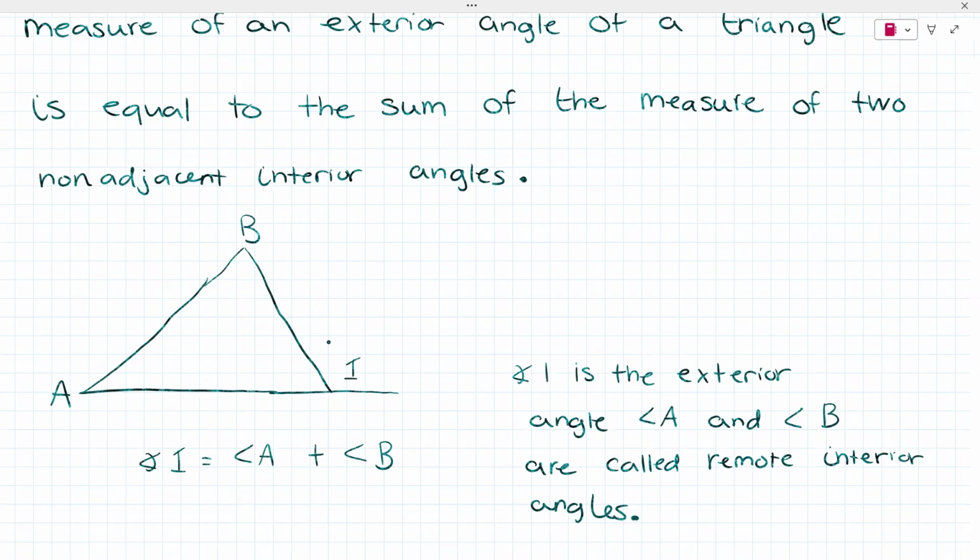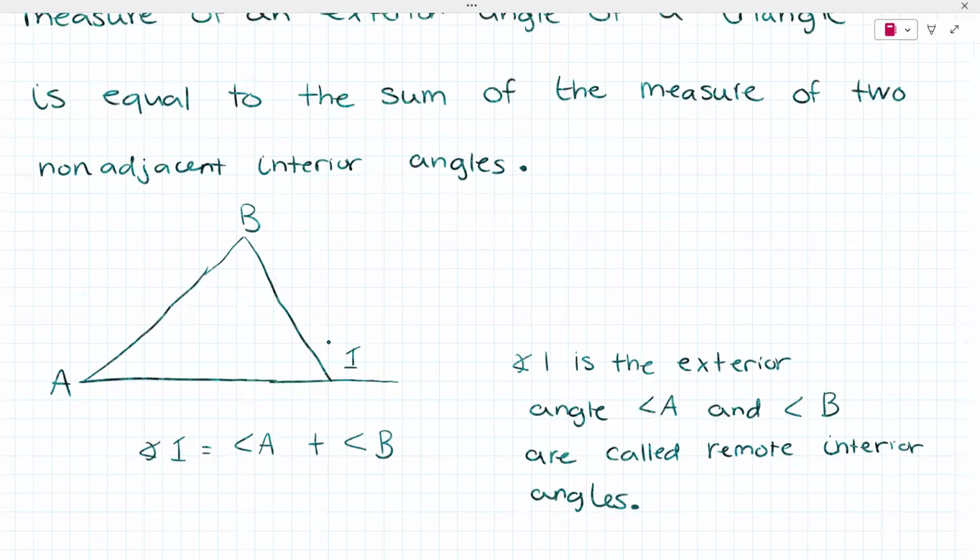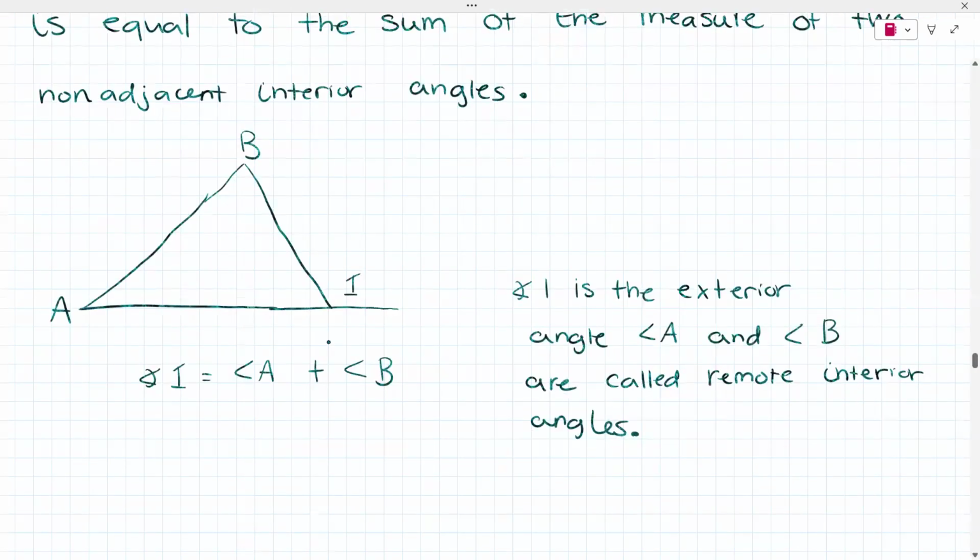Angle one is the exterior angle, and A and B are called the remote interior angles. Here's angle one, right? Did you know that angle one is equal to the sum of angle A and B? So you could find out what angle one is by adding up these two angles.